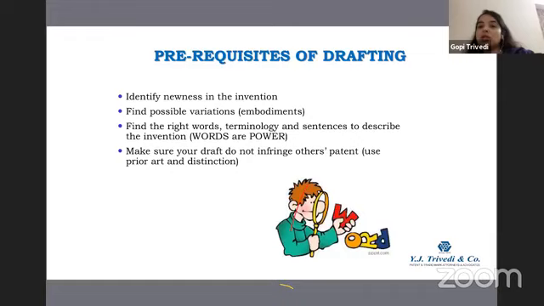I must use the right words, the terminology, and the sentences to describe the invention, and I should not use vague or overlapping terminology. Whatever words I'm using, I have to keep the same throughout my description. Every time I have to make sure that I am not infringing any other's patent, because that would destroy the patentability or novelty criteria.